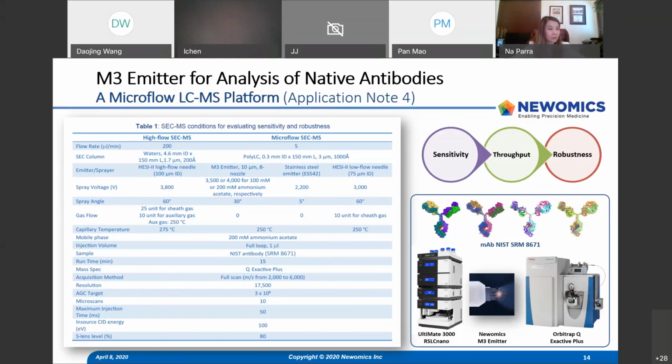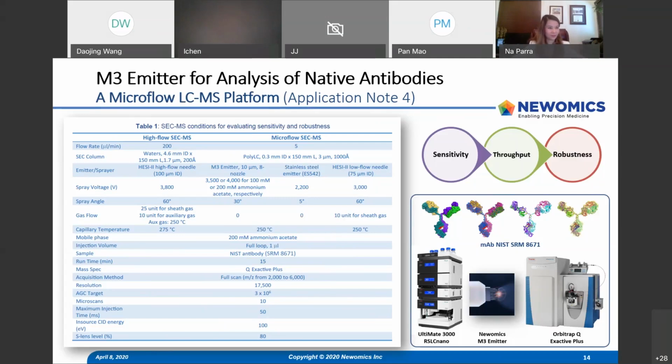That actually gives us the incentive to further develop our nanoflow solution. I can't give you an exact timeline, but what I can say is we are actively working on it. We already made the preliminary designs. We are testing those. If the performance is good, we definitely will launch this product for nanoflow applications.